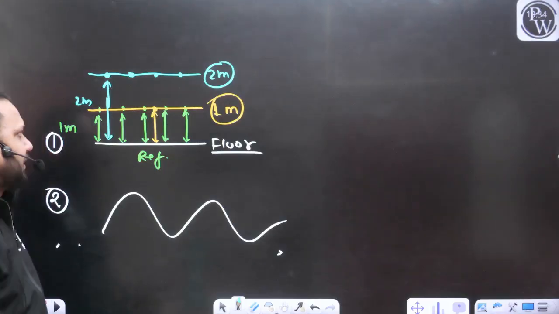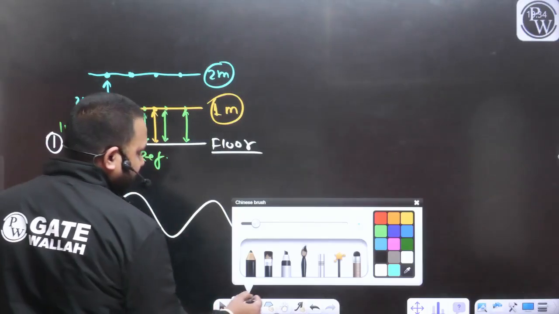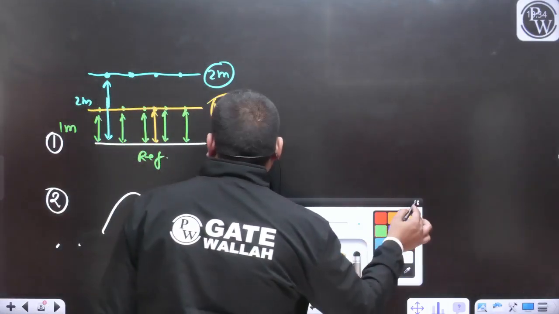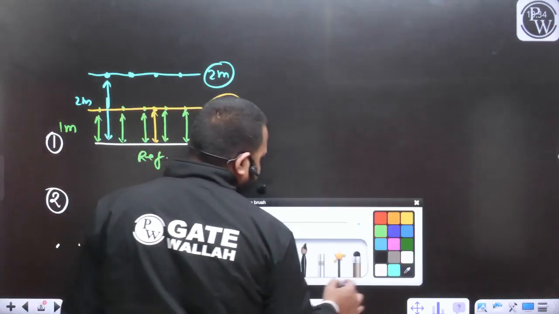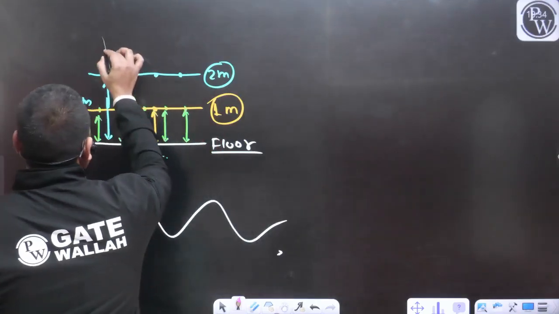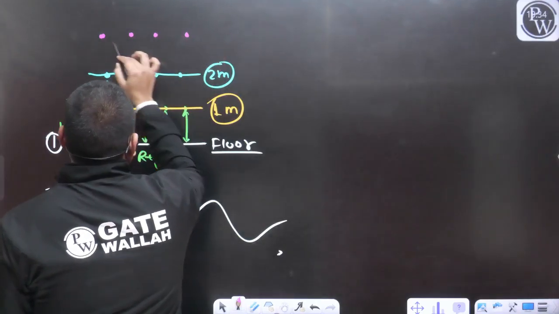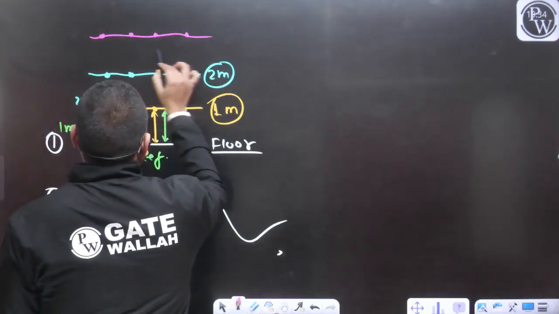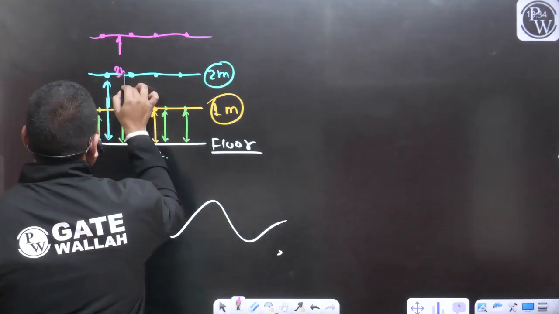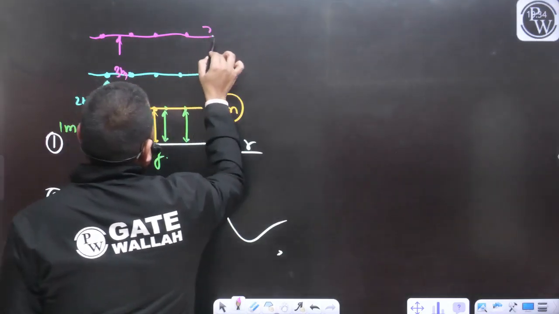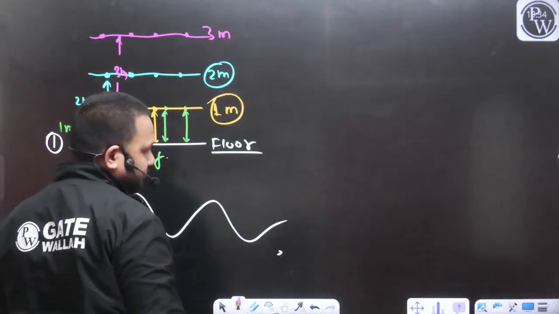Now I will find out all the points which have the elevation of 3 meter from this floor. So now I will get the contour of 3 meter, yes or no?